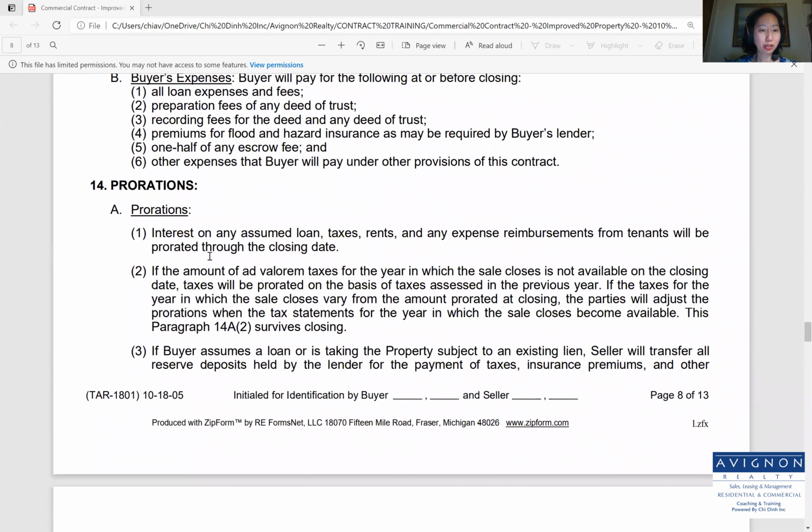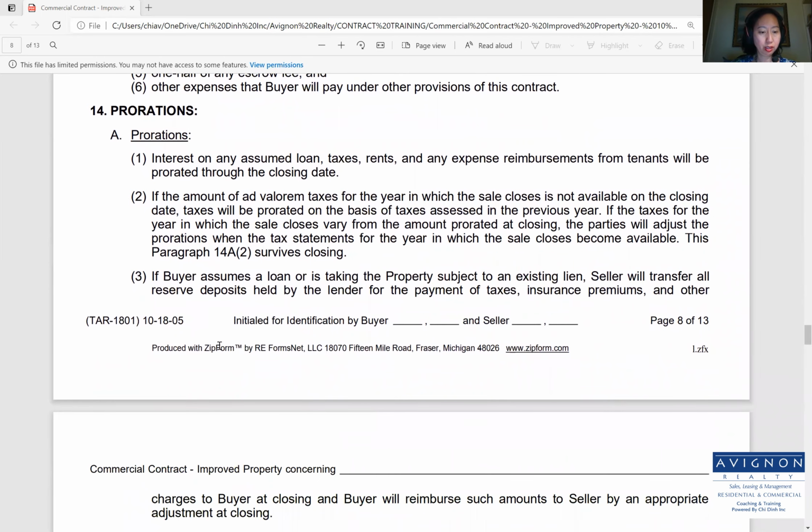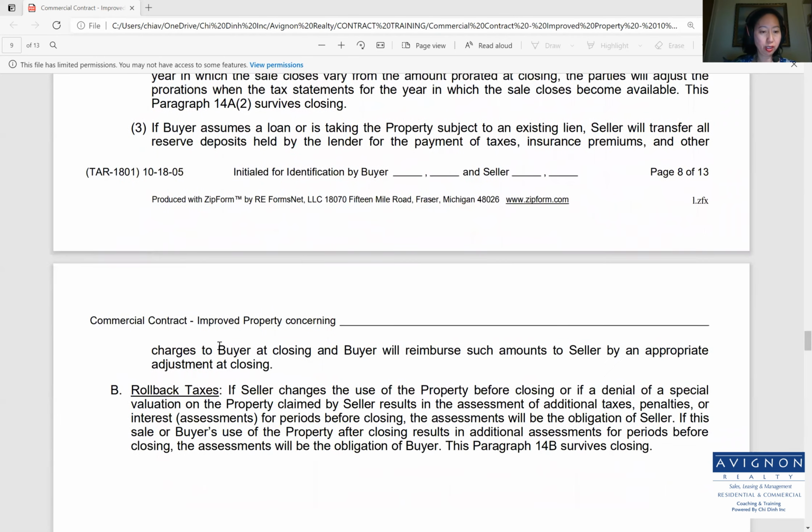Then you have prorations. Regarding prorations, interest on any assumed loan, taxes, rents, and any expense reimbursement from tenants would be prorated through the closing. So this goes over what needs to be prorated: 1, 2, 3.